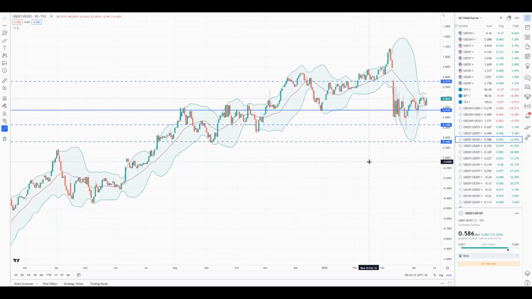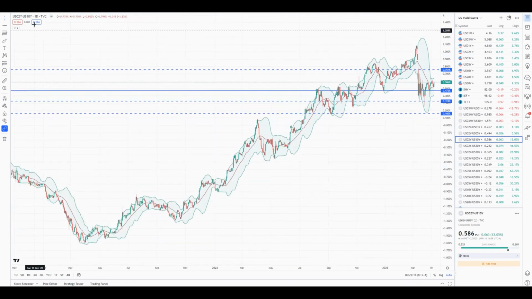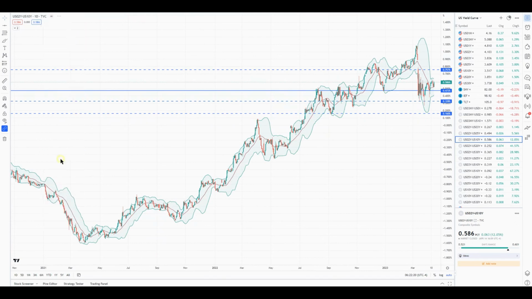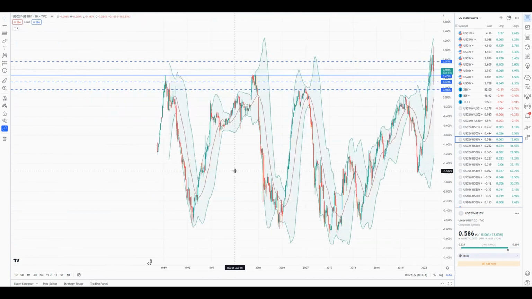And it could be that the market is just looking at what has happened traditionally. So if we change that to a 1 month chart, you can see where we are. And therefore, what the market is saying is that the direction of travel is going to be this way, down towards these levels, around 50, something like that. Why?